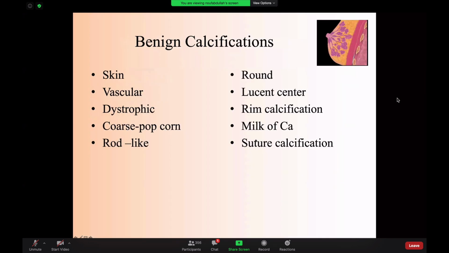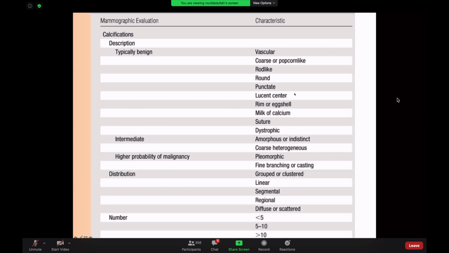To know these calcifications, it's very helpful to know the typically benign ones, because once you know them, you don't need to do anything further. Vascular, coarse, rod-like, round, punctate, lucent center, milk of calcium, suture, dystrophic, these are all benign. Intermediate is when you have amorphous or indistinct, based on the morphology.